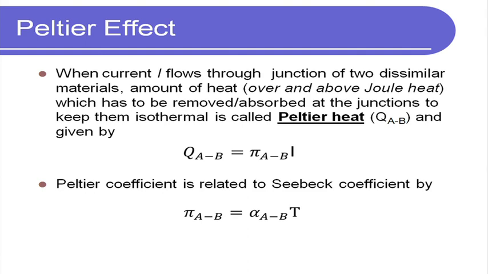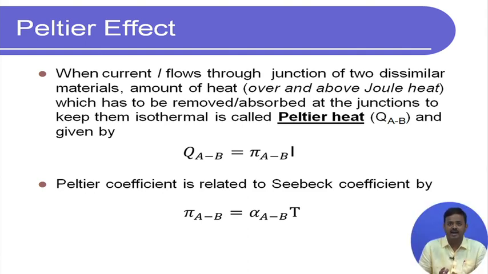The Peltier effect says that when a current flows through a junction of two dissimilar materials, there is an amount of heat, over and above Joule heating, because whenever you have a current flow you will have Joule heating, which has to be removed or absorbed at the junctions to keep them at constant temperature.